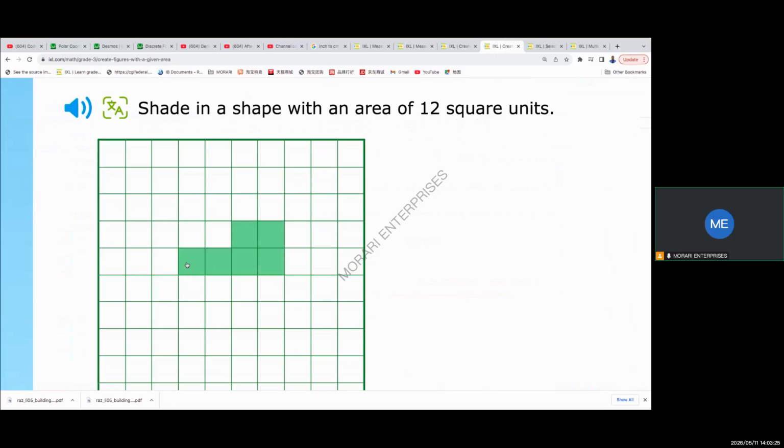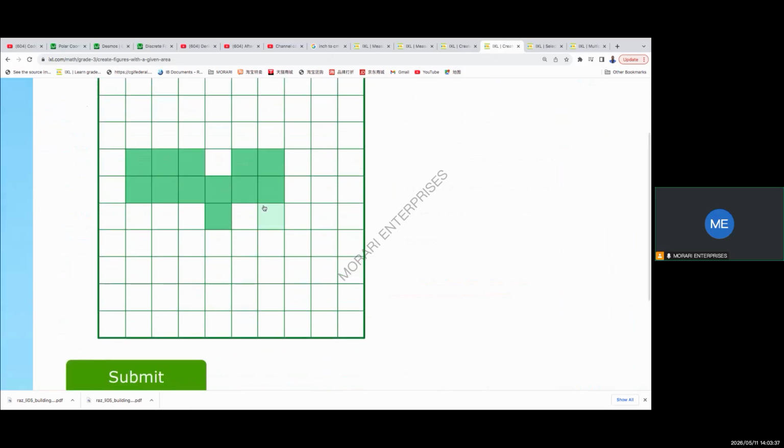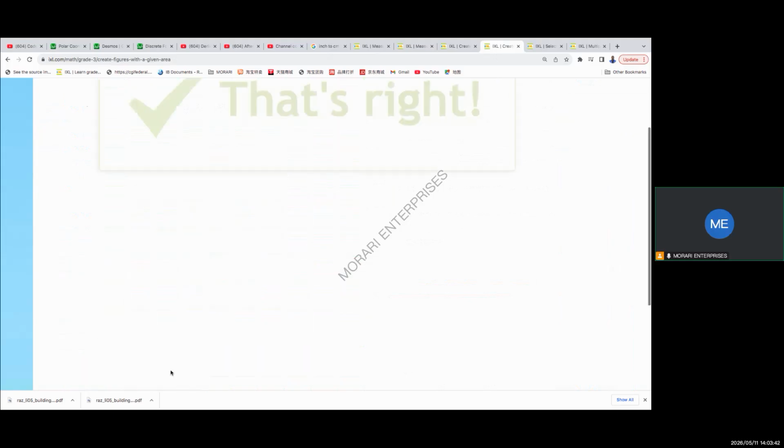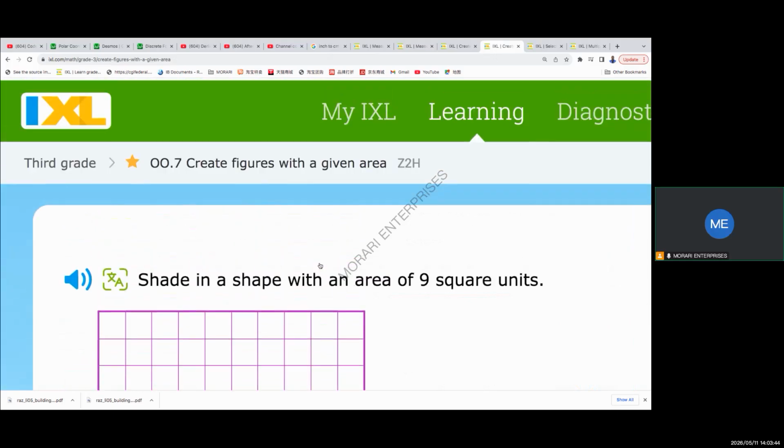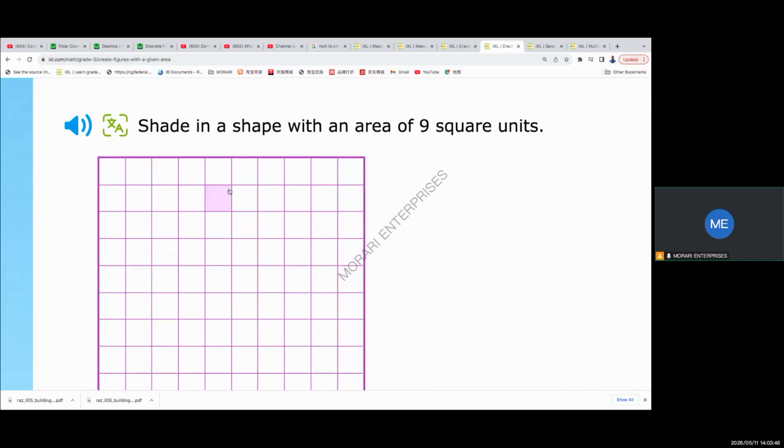It makes 5 squares, 6, 7, 8, 9, 10, 11, 12 squares. So this is still an area of 12 square units.